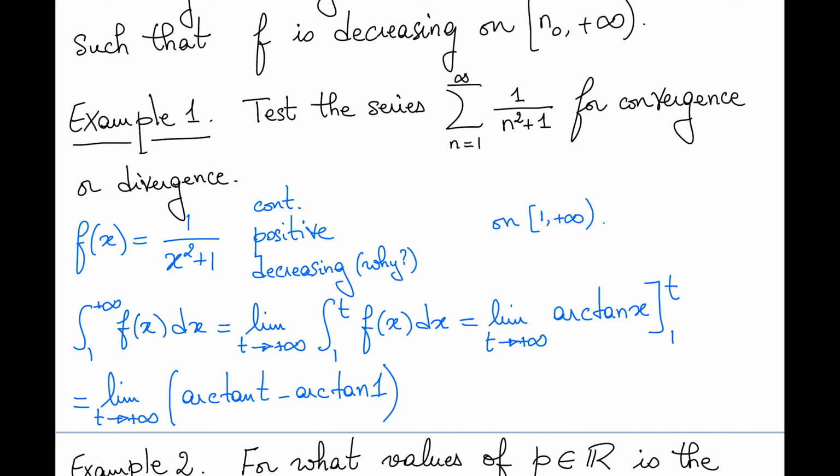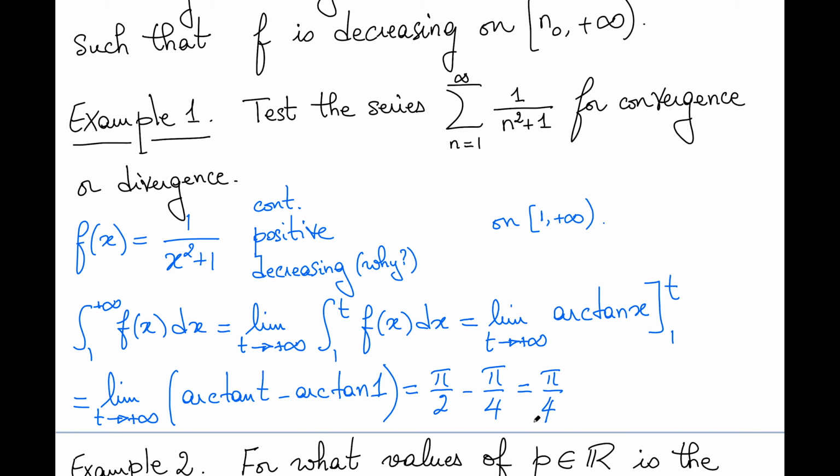Correct? All right. Arctan of 1 is pi over 4. And arctan of t as t goes to plus infinity is going to be pi over 2, right? So that's pi over 2 minus pi over 4, which is pi over 4, right?